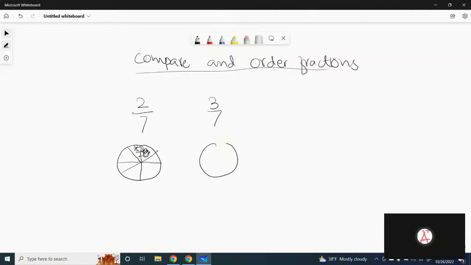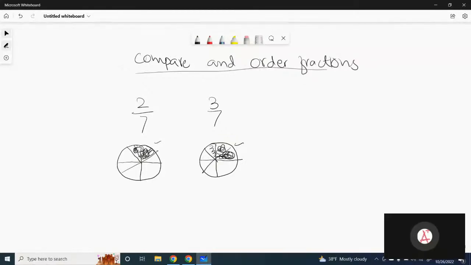Now 3 over 7 is 1, 2, 3, 4, 5, 6, and 7. Okay, out of the 7, 3 of them are colored. So, which is more colored? This one or this one? 3 by 7 is more colored than 2 by 7, correct? That means 2 by 7 is less than 3 by 7.